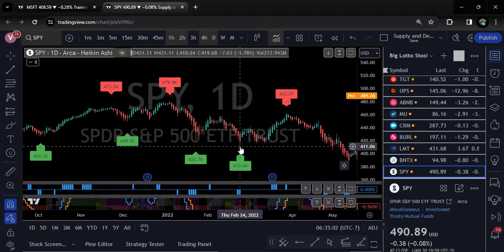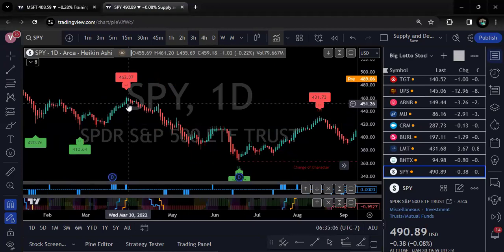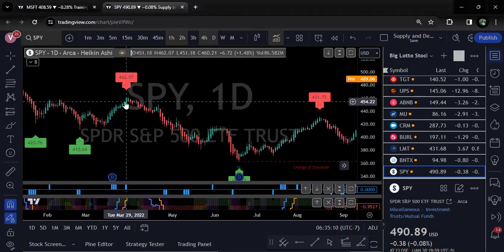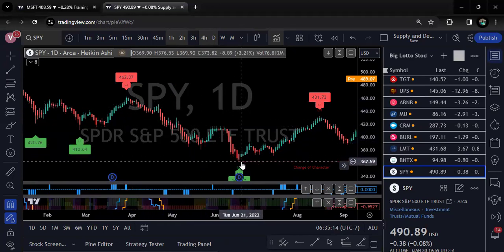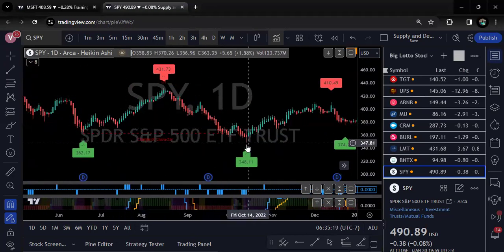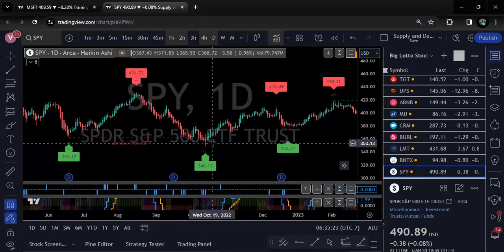January, February, then we had this pullback in March. And then we were bearish all the way. So this was interchange. We were bearish from March all the way to June. Pullback, we continued all the way to October. So these 2-3 years, because of COVID, we had some bit of changes.